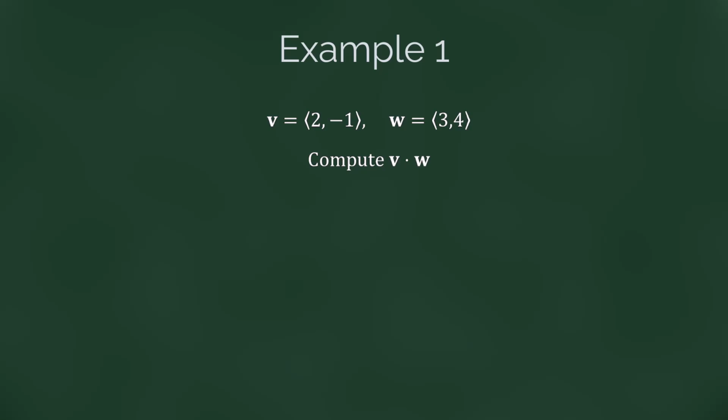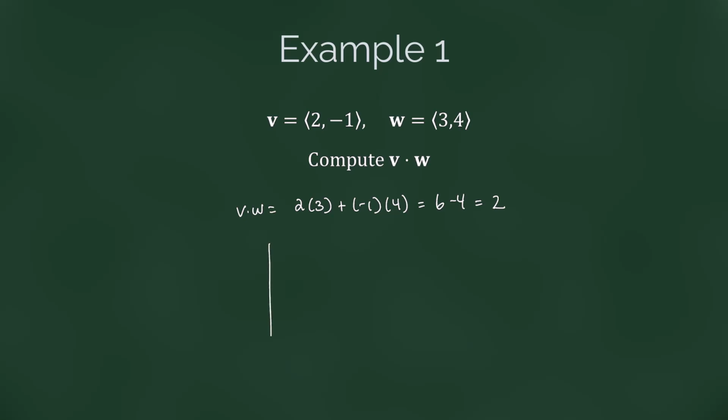Here we have two vectors both in 2 dimensions, and we want to compute the dot product between them. v dot w is going to be 2 times 3 plus negative 1 times 4, which is 6 minus 4, which is 2. And so we know then that because these have a positive dot product, they are pointing generally in the same direction.